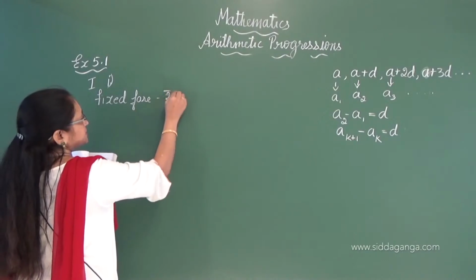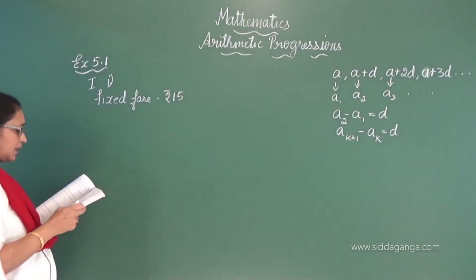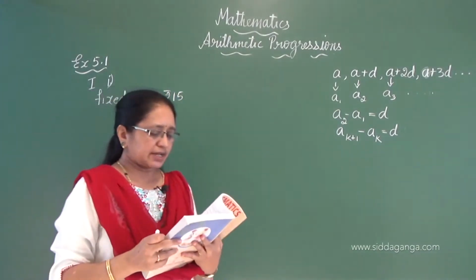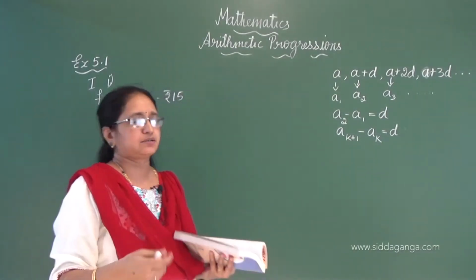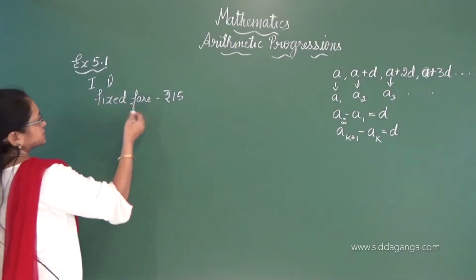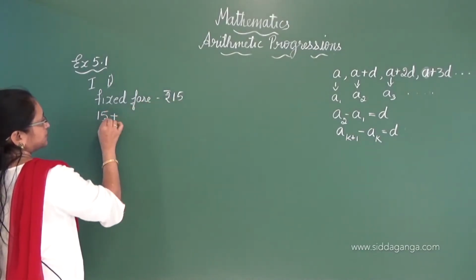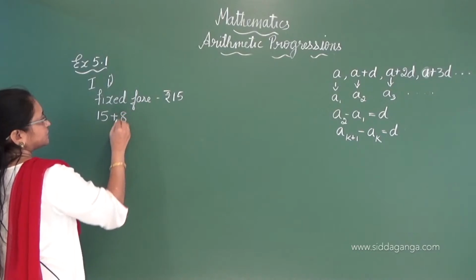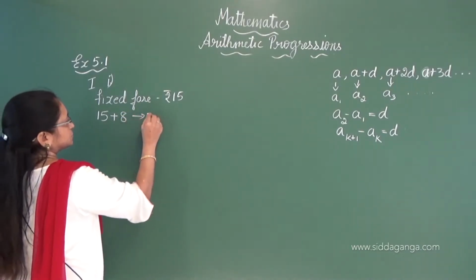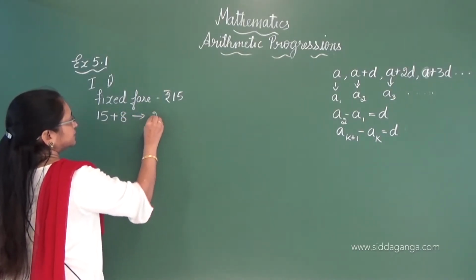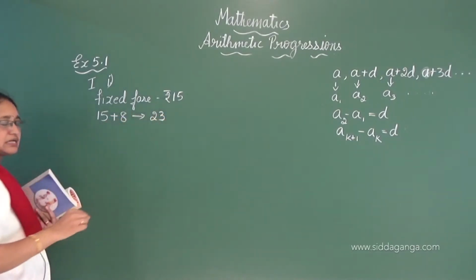Fixed fare is rupees 15, and rupees 8 for each additional kilometer. So for the next kilometer, 15 is the fixed fare and 8 is the additional, so this gives you 23, that is 15 plus 8.